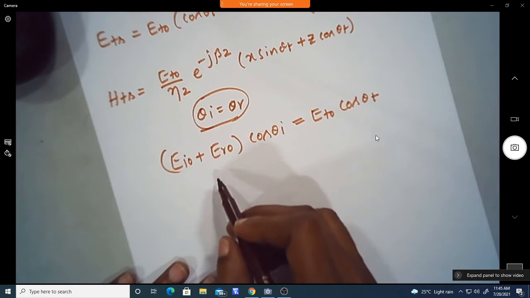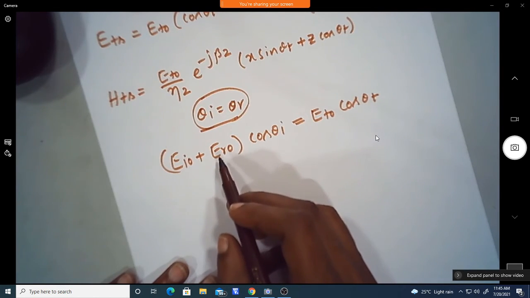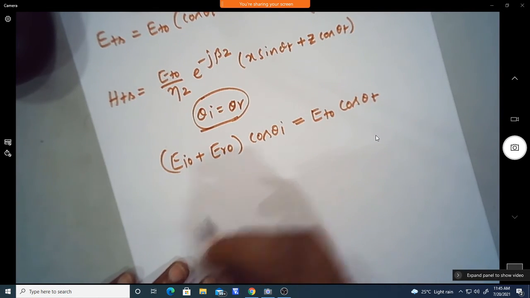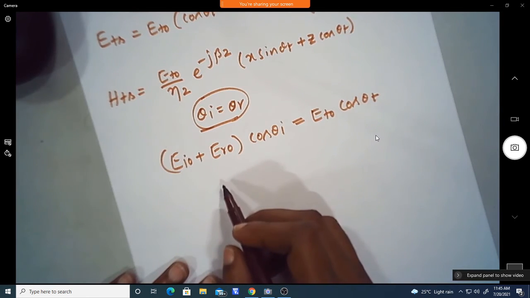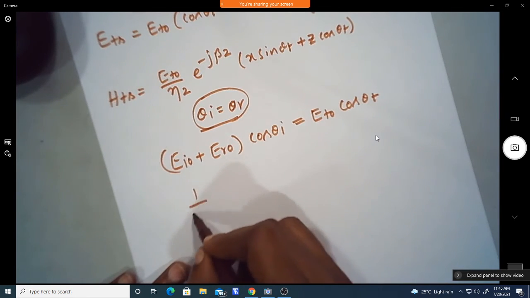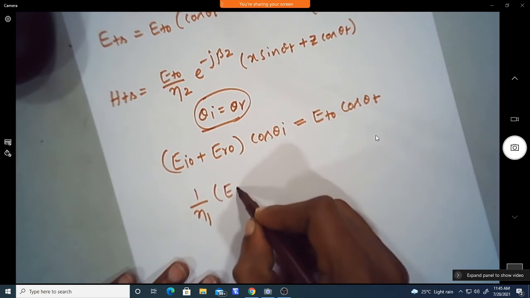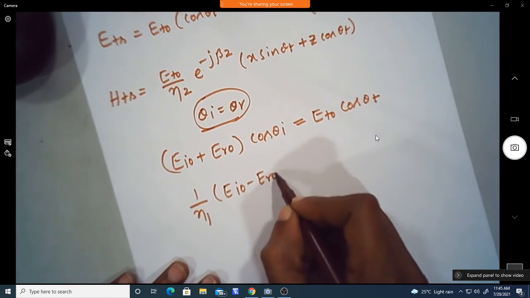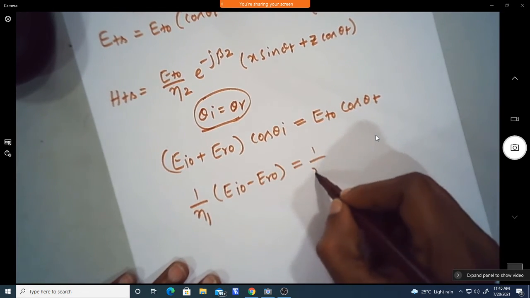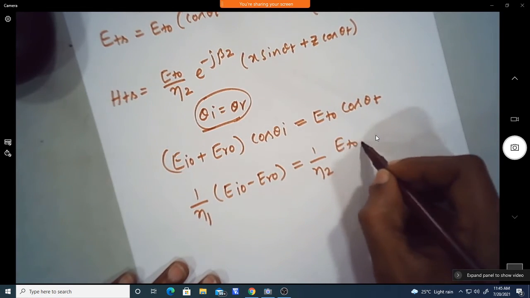Then we are going to get another equation from medium 2, which we can write as 1 over eta 1 into (EI naught minus ER naught), which is equal to 1 over eta 2 into ET naught.